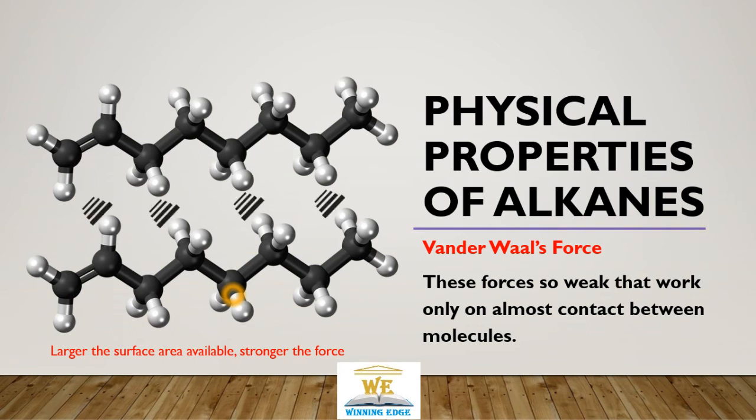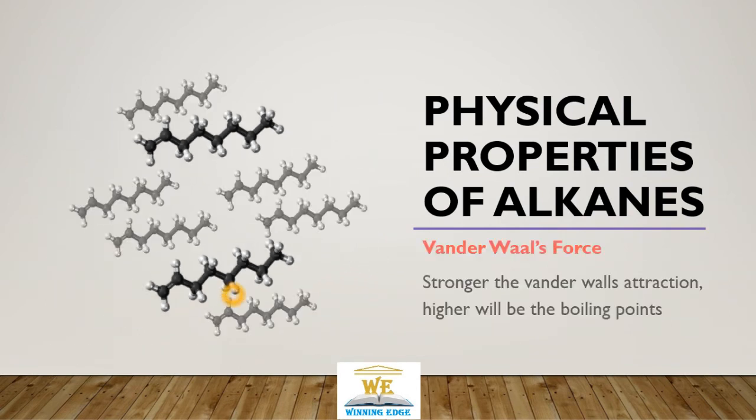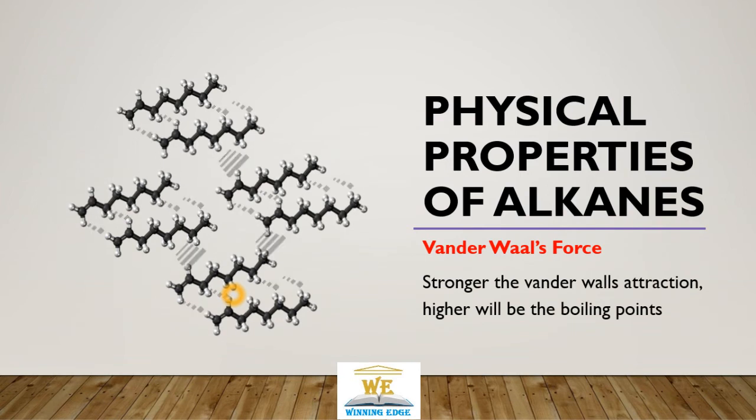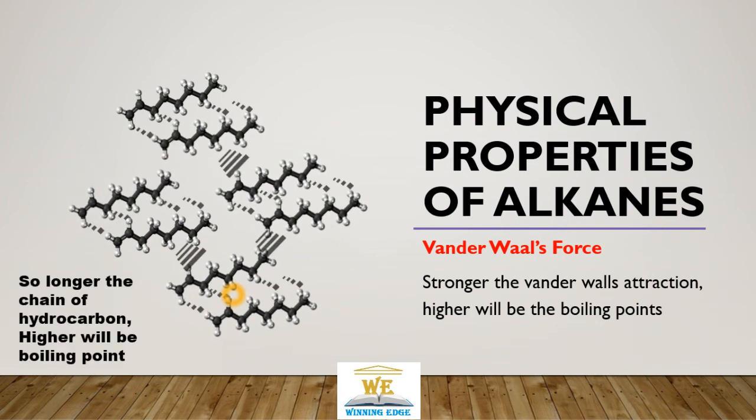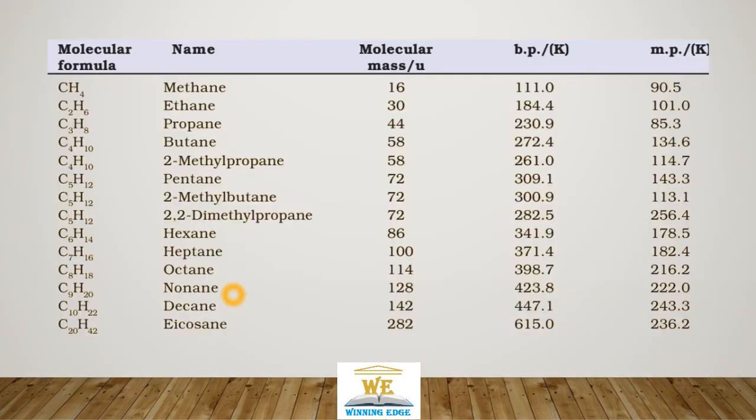The higher such forces are, the higher will be the boiling point of such hydrocarbon. The longer the chain, the higher will be the boiling point according to van der Waals forces. Let's take an example. Methane has a melting point of 90.5 Kelvin.